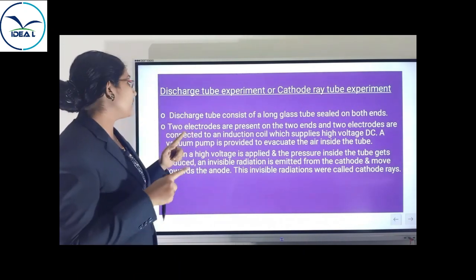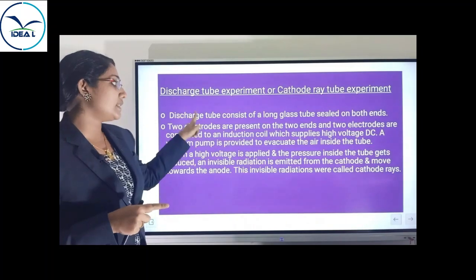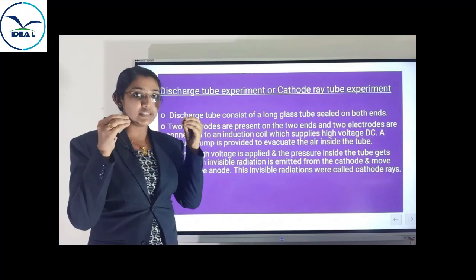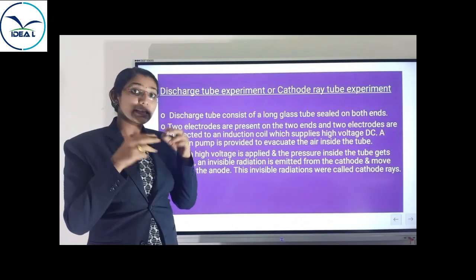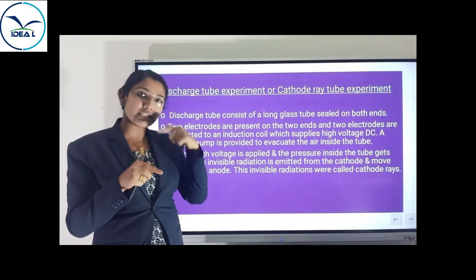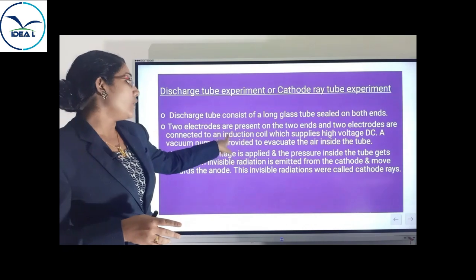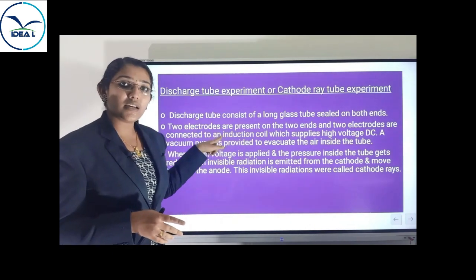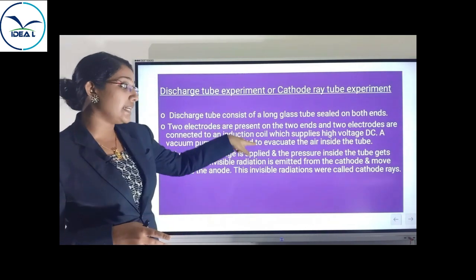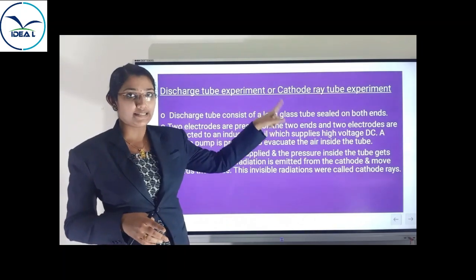What is the role of the induction coil in this discharge tube? Yes, it supplies high voltage DC.